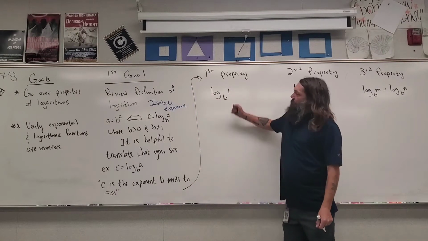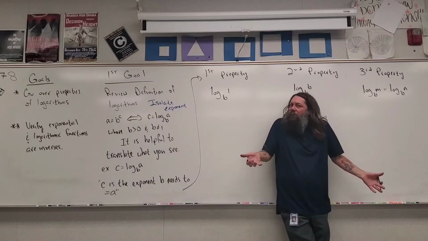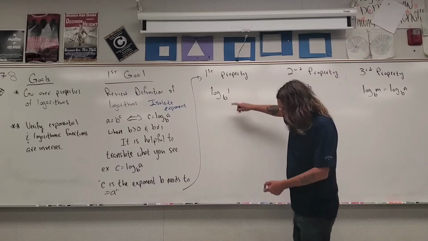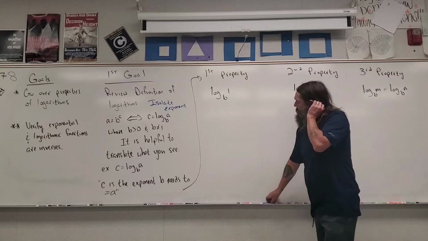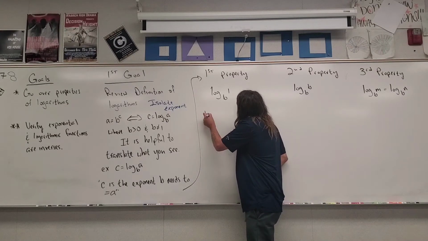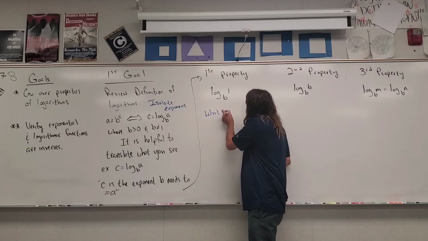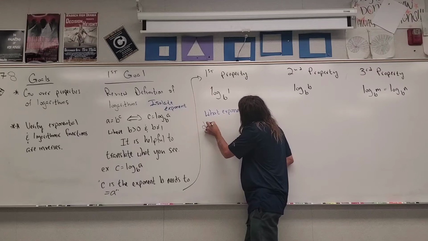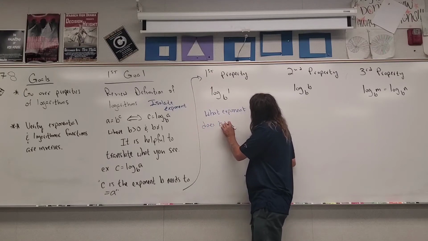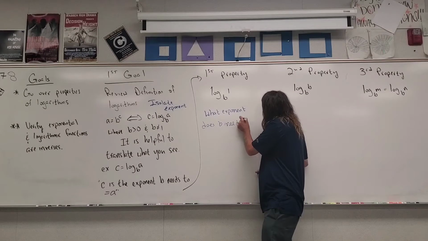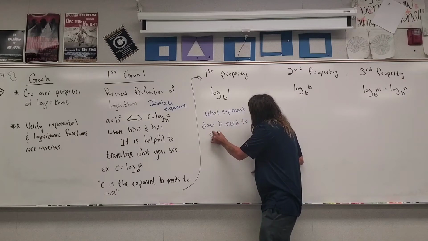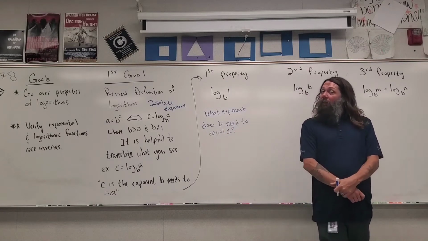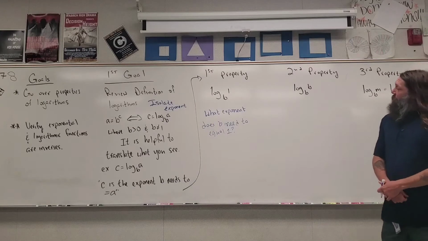Log base b of 1 means nothing to me. But if I think about it like this, what exponent does b need to equal 1? Then it makes a little bit more sense. Well, any number to the power 0 is going to be the exponent we need, right?